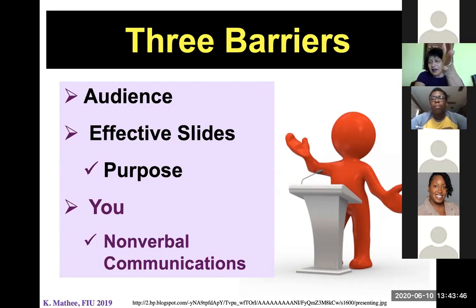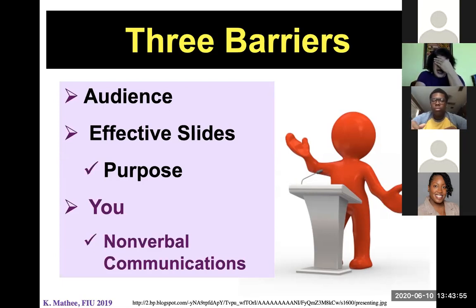A question in the chat is, what about references? Should they be added to the slides or not? I am not in favor of adding references to the slide, except that if you use an image, you reference it, or if you're using a figure from the paper, you can just reference their website link.